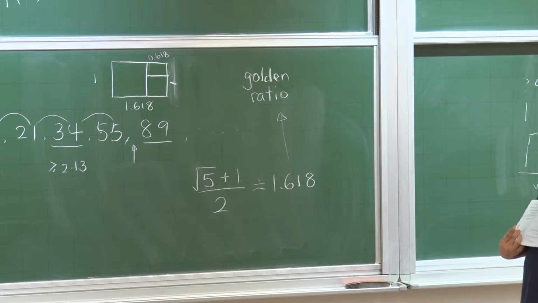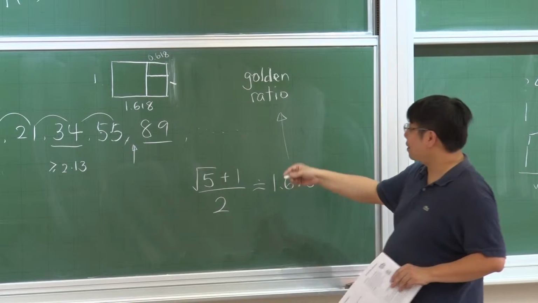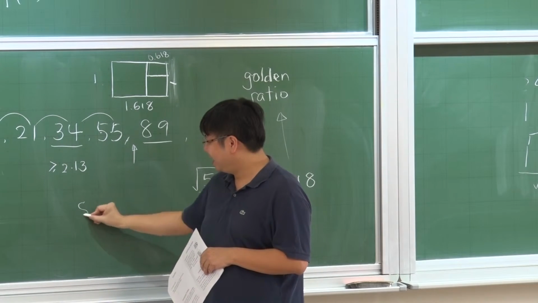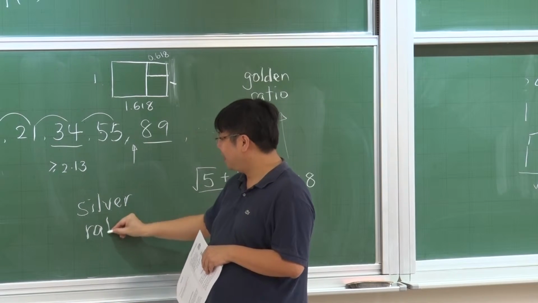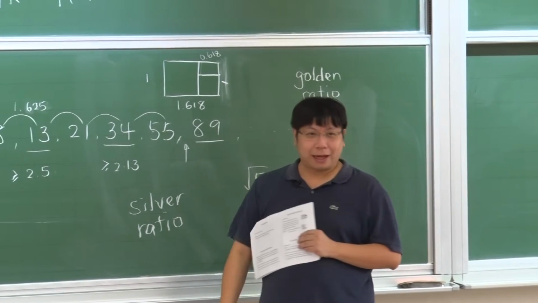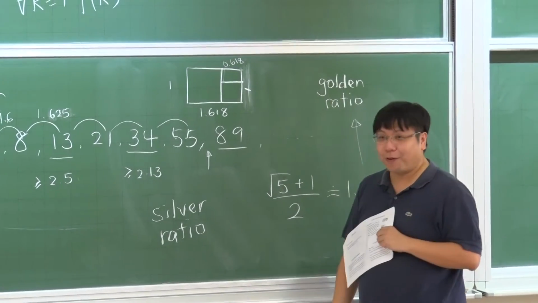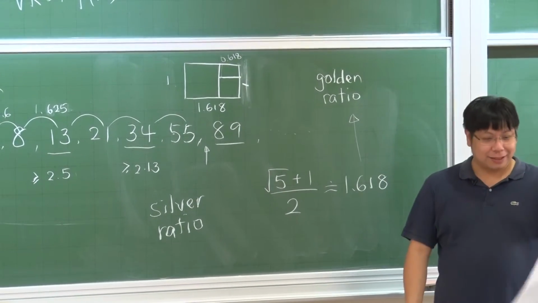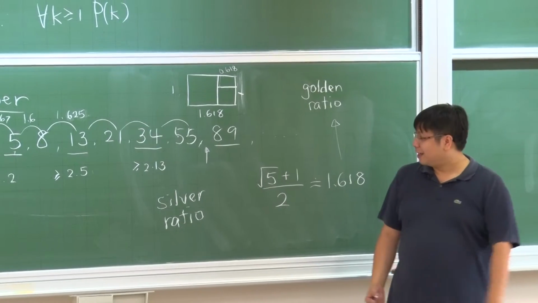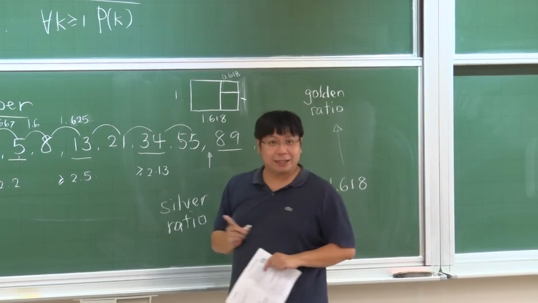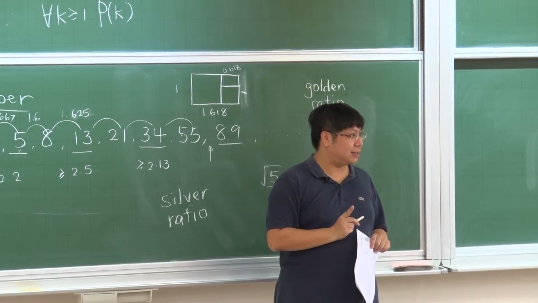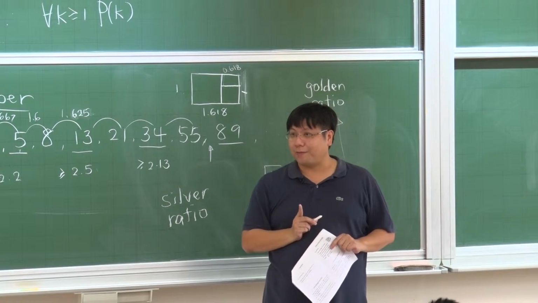And then, we have the golden ratio, but we also have the silver ratio. What is the silver ratio? We use it every day. We have our A4 paper. What is so special about this A4 paper? The golden ratio is when you cut a square and then you get the same shape afterwards.